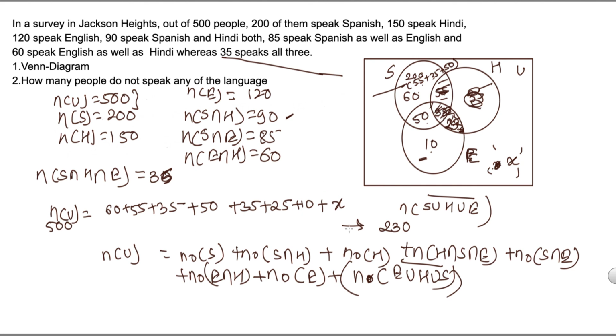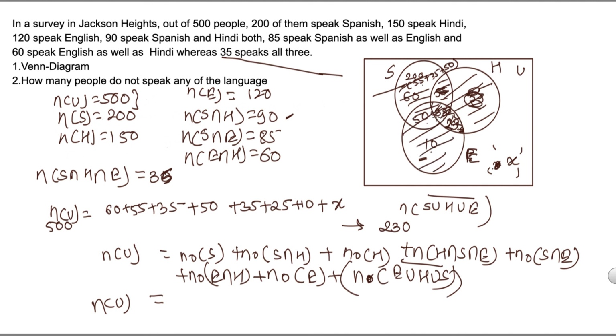However, if you want to use it in terms of n(S) instead of n only, we can use that also. Let us see. I am going to add n(S), then n(H), then n(E).